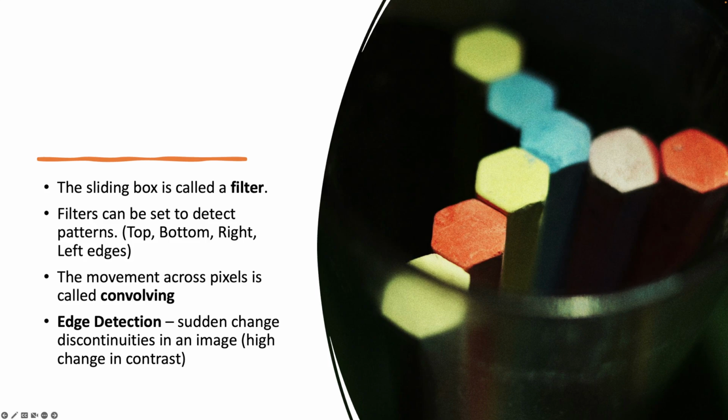And of course, the movement is called convolving. Okay, and an edge is where we have some area of high contrast. So even just looking at this slide right here, this would be an edge where we have some high contrast. This line might be considered an edge, right, because we have high contrast between the white background and this orange line.